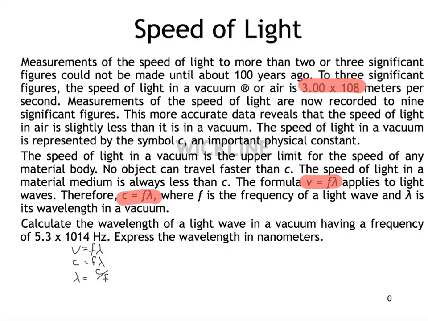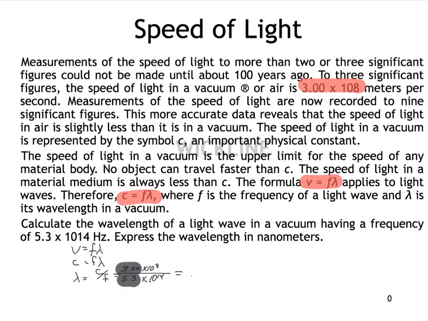Lambda is c over f, and the speed of light is 3 by 10 to the 8th, and the frequency is 5.3 by 10 to the 14th. So let's do this one piece at a time. We'll just do, at first, the 3 divided by the 5.3.